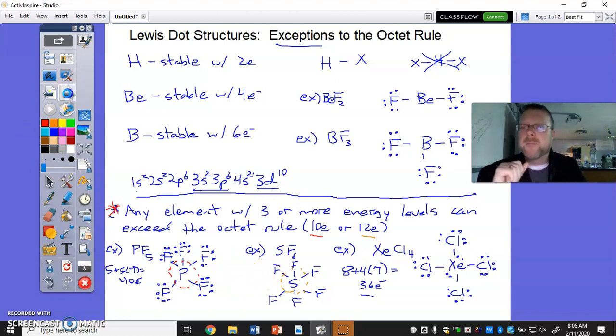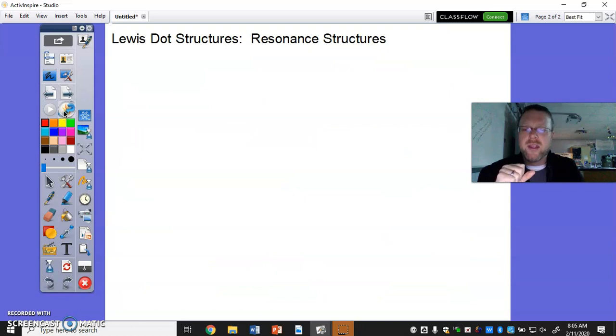Okay? All right, so now, the other thing that we probably need to add to what we've already learned about Lewis dot structures is a concept called resonance structures. Okay, so let's talk about a Lewis dot structure, for example, like sulfur dioxide.